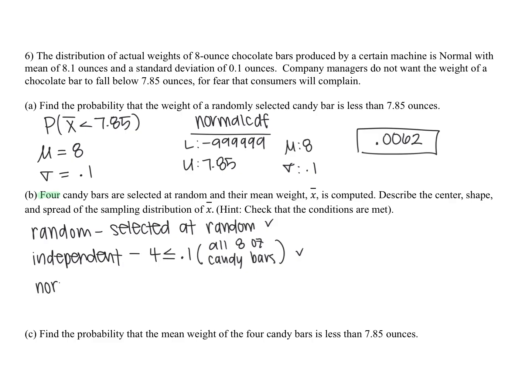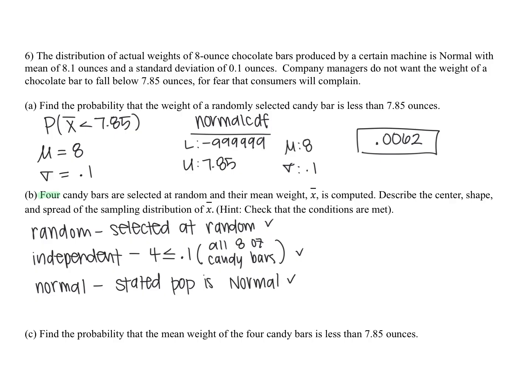And last is normal. This is where means and proportions differ. For means, it's one of 2 things: either the population has to be normal, or the sample size has to be greater than or equal to 30. In this case, our sample size is 4, which does not work. But it is stated that the population is normal.